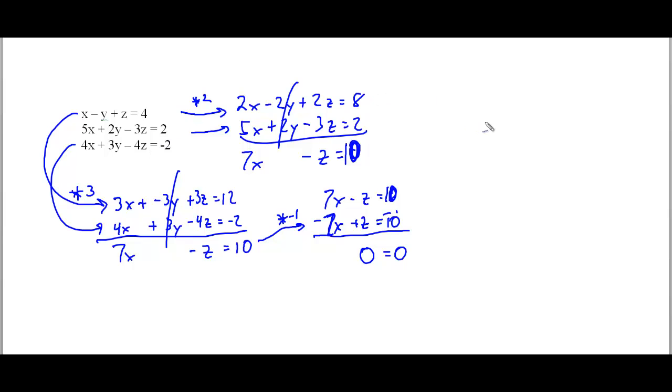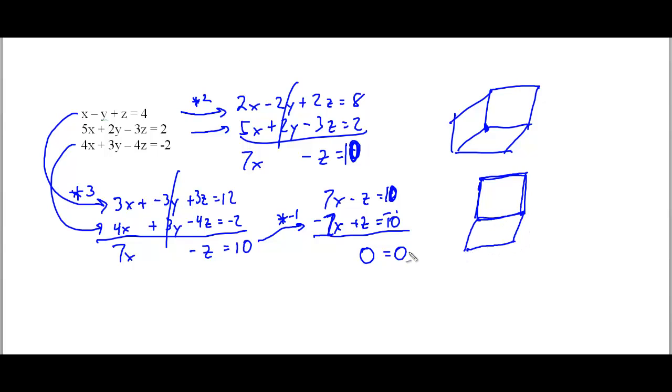So what this means is that, usually you're given one plane going one way, one plane going another way, another plane going here, and you're trying to find the intersection. But in this case, two of your planes are exactly the same, and then there's a third plane which we haven't tested yet.